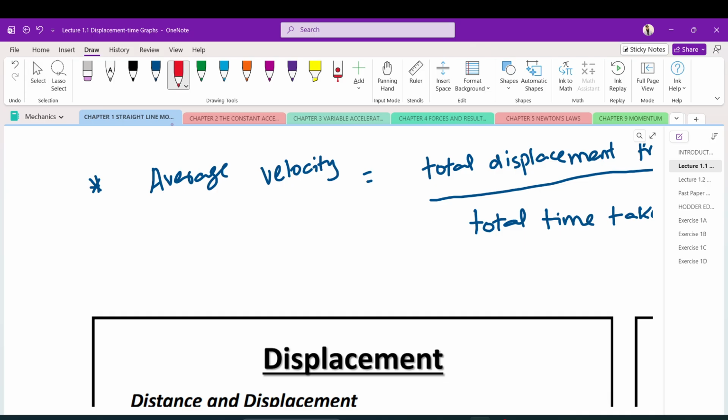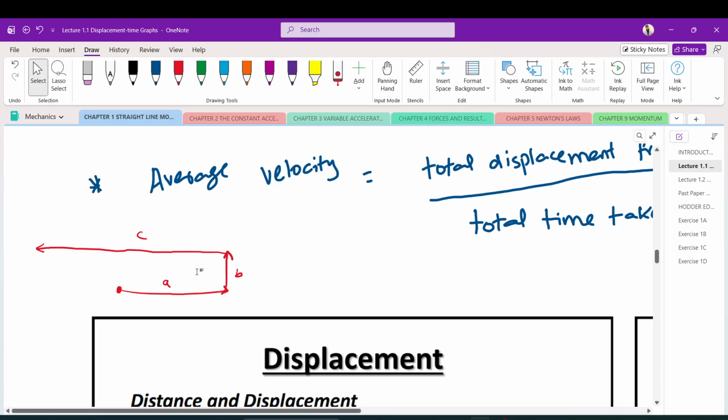So for example, let's say I started from this point, and now I went over here, then I took a U-turn, then I went all the way back up to this part. How much distance did I cover from this point to this point? That's A. From here to here, that's B. And from here to here, that's C. So I'm going to add up all of my distances, and that will be the distance. All the ground, how many meters I have traveled. That is the distance.